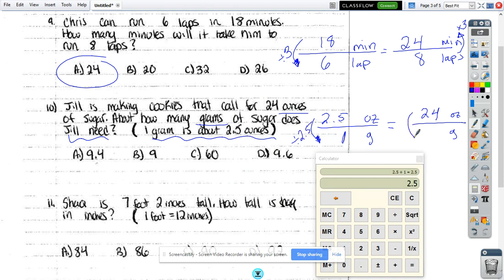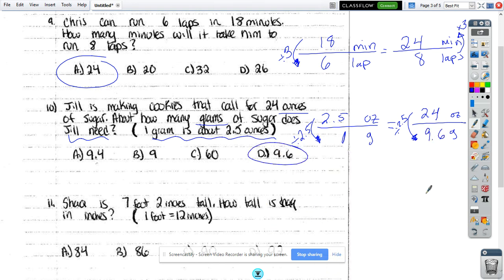Now I draw my arrow on the other side. Since my arrows are going the same direction, I use the same operation. So this is 24 divided by 2.5, and I get 9.6. So 9.6 grams is my solution.